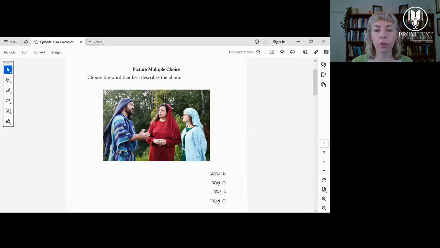Now, one of the things you have to be careful of when you're doing photo matching is that you avoid a couple pitfalls. One is ambiguous photos. It has to be really clear, if you're using photos for this type of activity, who's doing what. A second pitfall that you have to be careful of are the distractors.